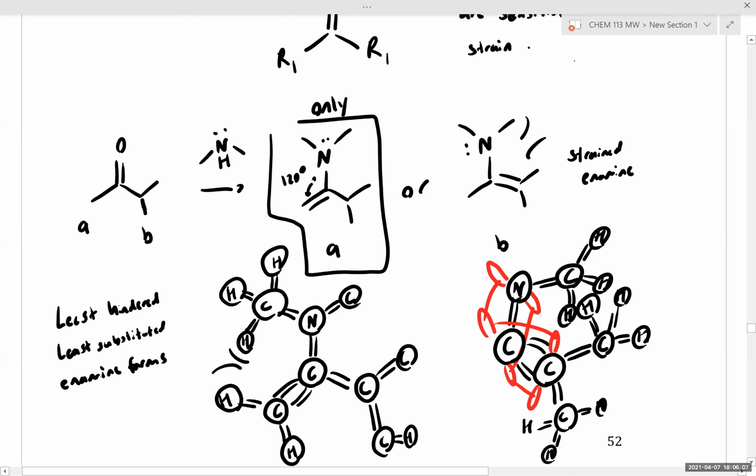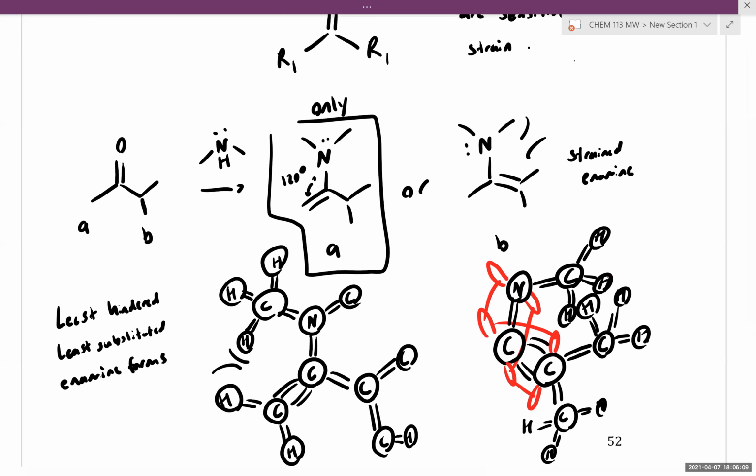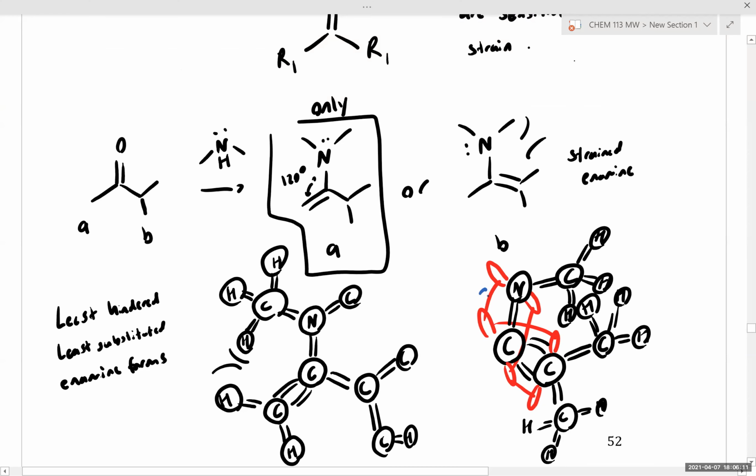Now, due to this strain, due to this steric strain, we end up having to rotate our bonds to minimize this strain. And as a result, when you have these strained enamines, you end up interfering with this conjugation and you lose some of this stabilization due to resonance.